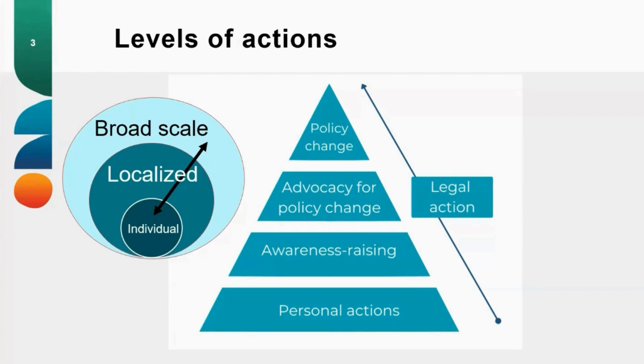Localized actions, on the other hand, take place and impact one specific site. These actions can also take place at the individual level. Actions within one location can support and inspire actions at other locations. Later in this session, while looking at specific examples of actions, we're going to think about how actions at a larger or smaller scale can support these actions.